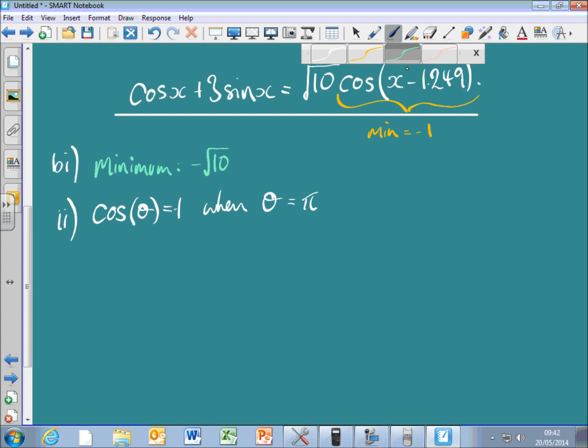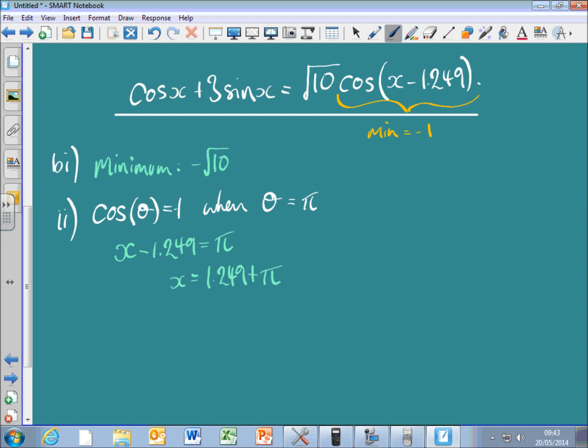So just looking to find the value of x that makes that value pi. That means that x take away 1.249 has got to be pi to make cos of it negative 1. So x is equal to 1.249 plus pi. Which gives me, let's just do that on the calculator.